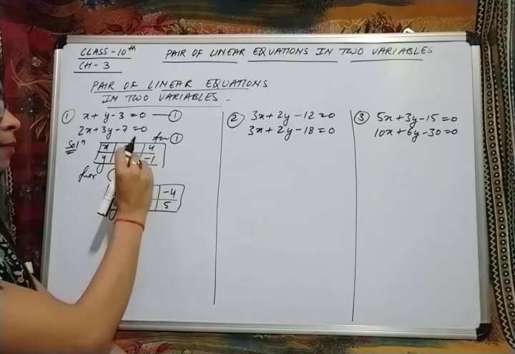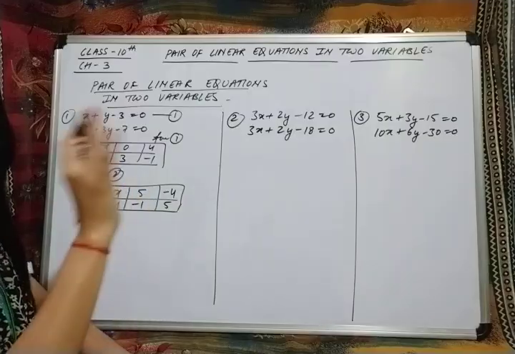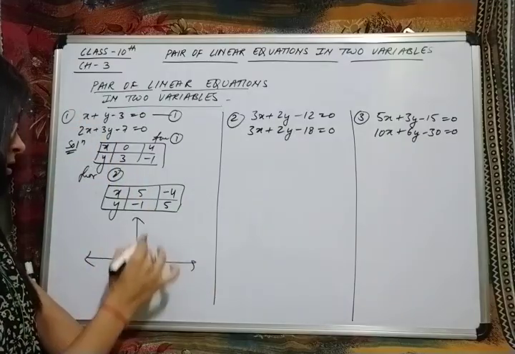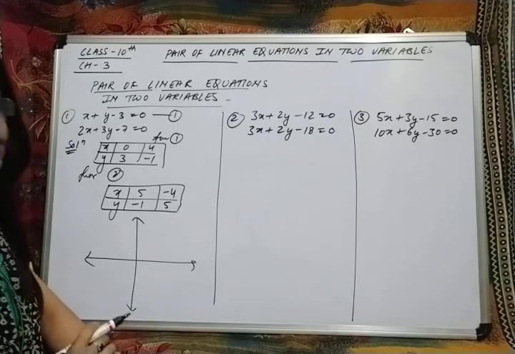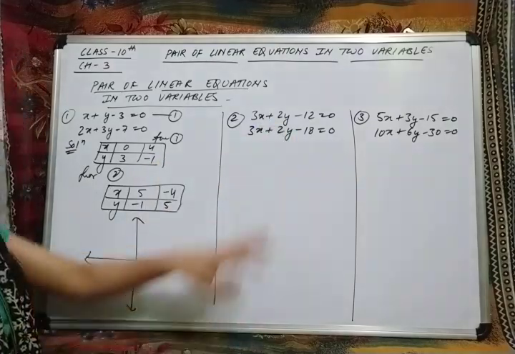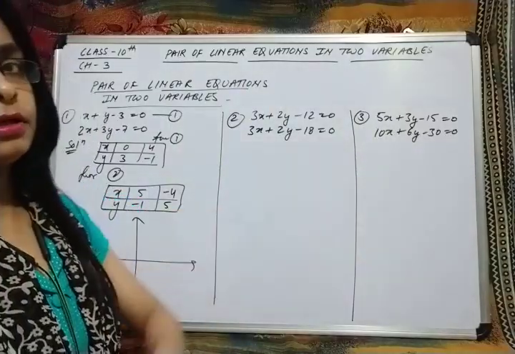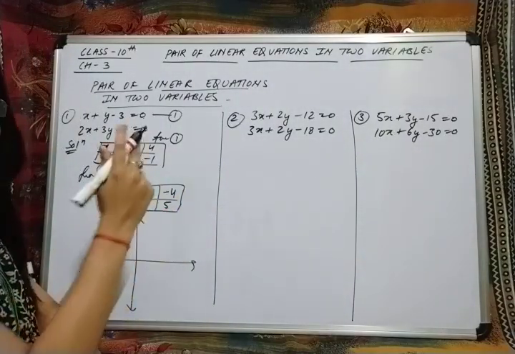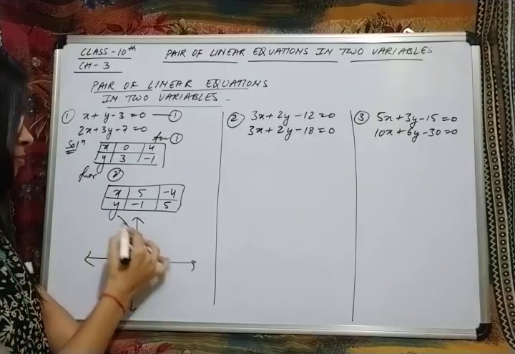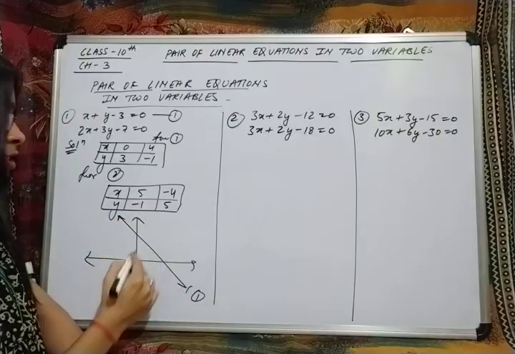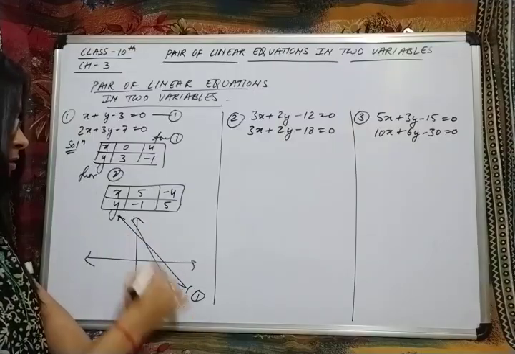Now if I plot this and this on the same Cartesian plane, I am drawing like this. I am just giving one example of this. For this also we will do the same, so for this you can find out the solution and plot the graph. Now if I plot the graph of this one, we will get two lines. One line will be this, suppose this is for the first equation, and the second line will be like this.